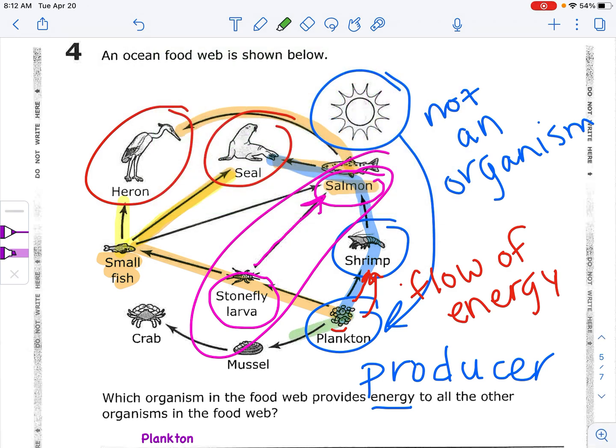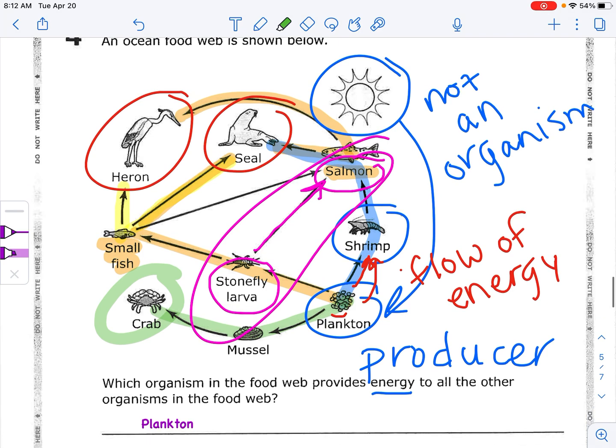So we could go plankton, mussel, crab. That's a small one. So in this food web here, it does not look like the crab has any predators. But in actuality, it would, right? Because organisms can be both a predator and a prey. So clearly something in this ocean environment is going to eat this crab.